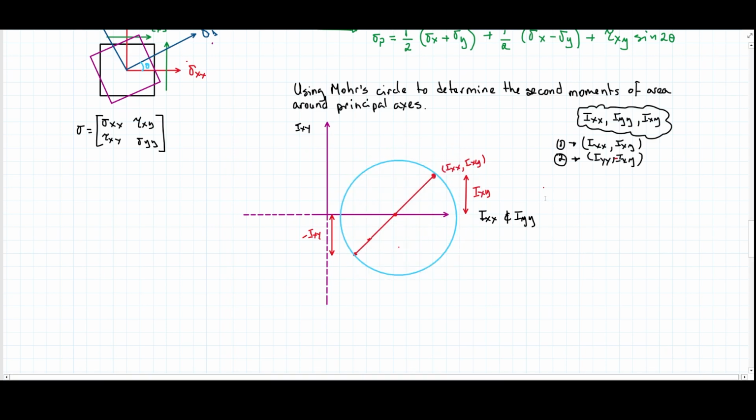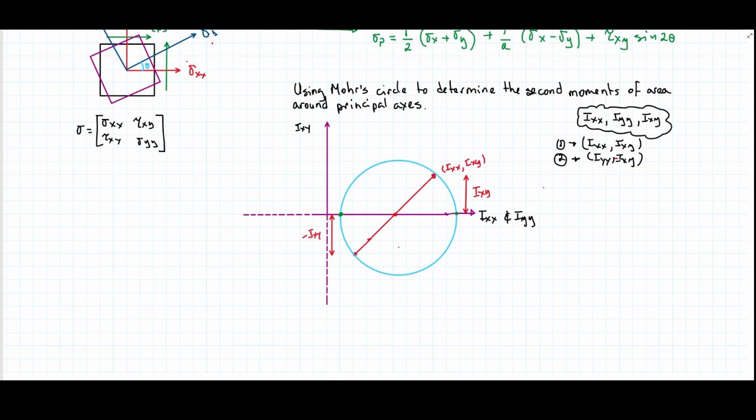There you go. And it means I need to stand a little bit this one here, like this, and then delete this a little bit. And that what means that where the circle cuts the horizontal axis, that's going to mark the value of the principal axis, the second moment of area of the principal axis.